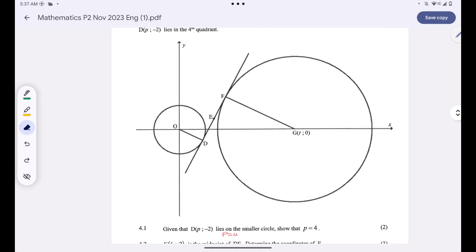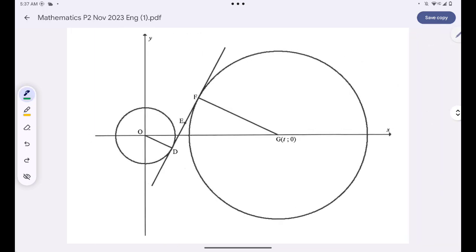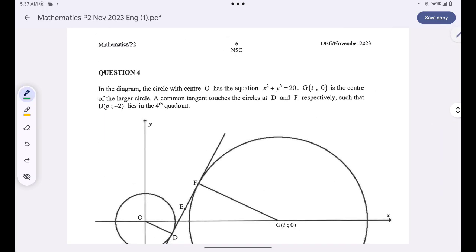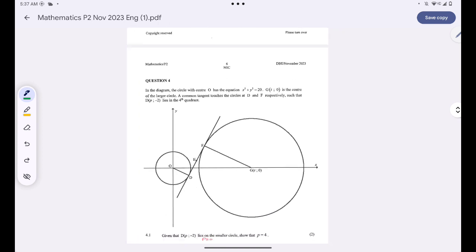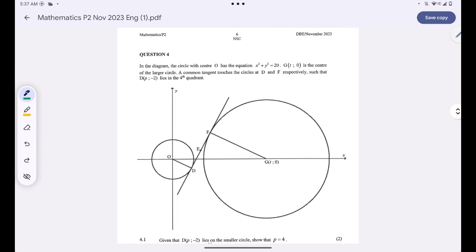It will be easier because I know that the equation of the smaller circle is x squared plus y squared is equal to 20. For me to find the x-intercept, I need to make y 0. When I make y 0, I just solve for x. So I'll have x squared plus 0 is equal to 20, then x squared is equal to 20.